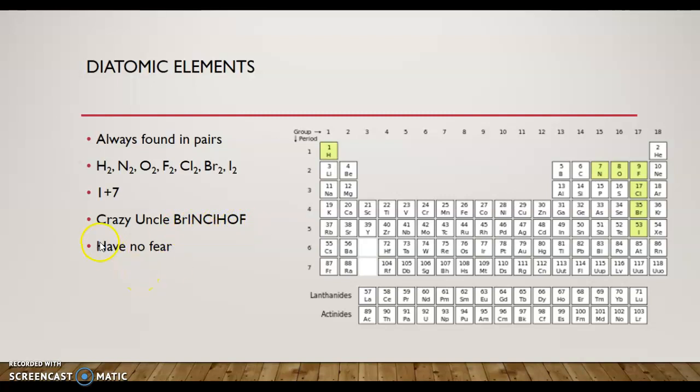Or you can use the acronym HAVE NO FEAR of ice cold beverages. Any one of those you can use to help you remember what your diatomic elements are. But it is very important that you remember what your diatomic elements are.